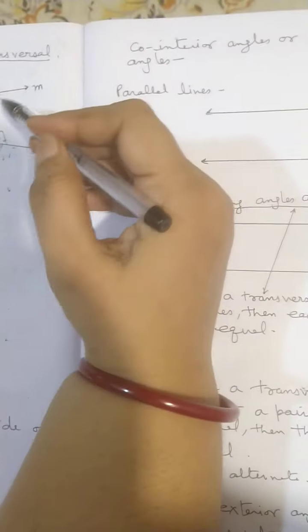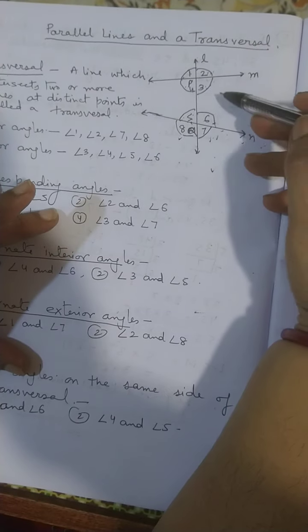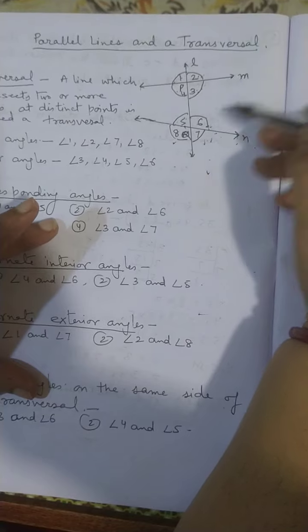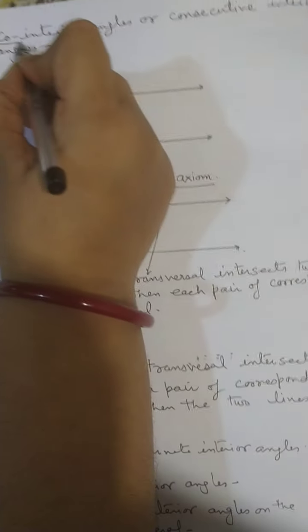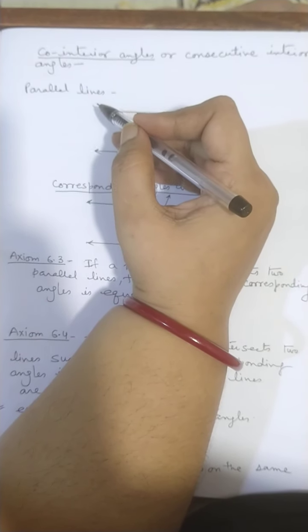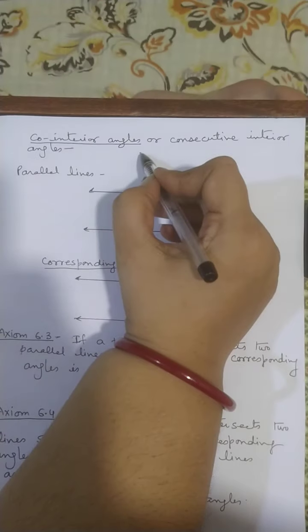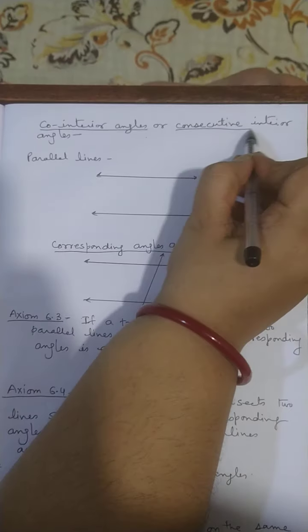These interior angles on the same side of a transversal are also called co-interior angles or consecutive interior angles.